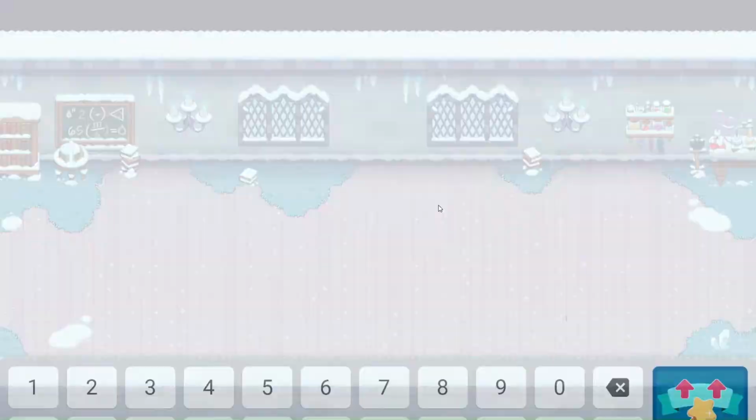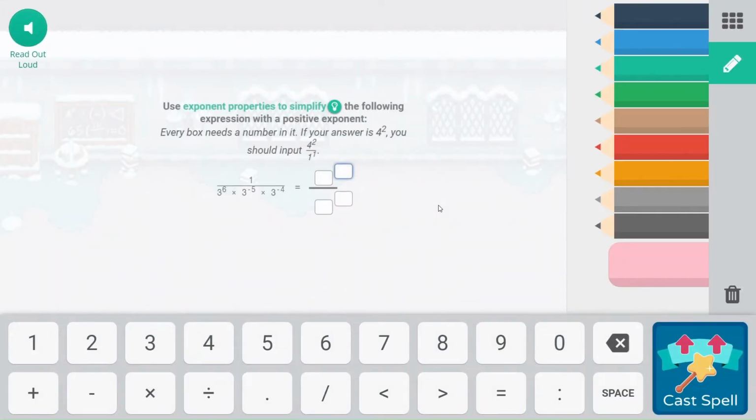Terra Blast. Okay, use exponent properties to simplify the following expression with a positive exponent. Every box needs a number in it. If your answer is 4 squared, you should input it 4 squared over 1 squared. Okay, so we're going to have 1 to the power of 1 and 3 to the power of 6 times 3 to the negative 5th times 3 to the negative 4th.